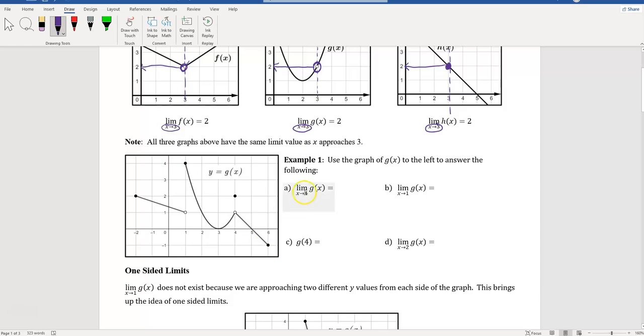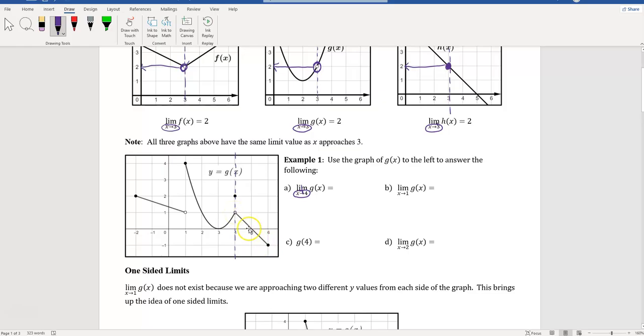So if we look at this first one, x approaches positive 4. I like to put myself a dotted line right here, especially whenever you're just starting, or in your mind, you're putting that dotted line right there. So if I trace this graph from the left, I'm getting closer and closer to that spot.